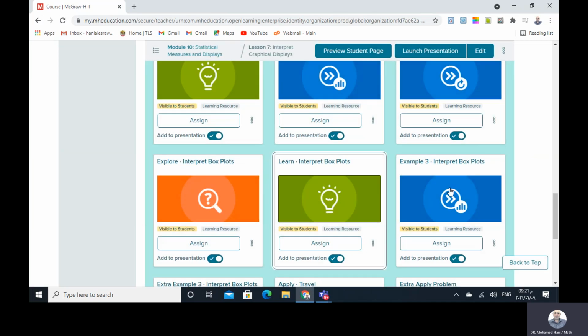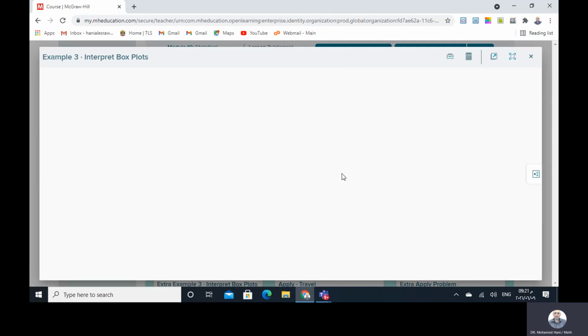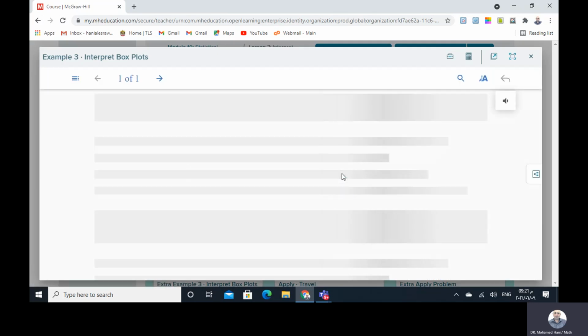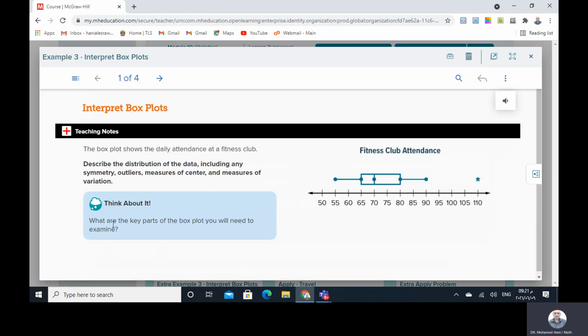For example, the box plot shows the daily attendance at a fitness club.